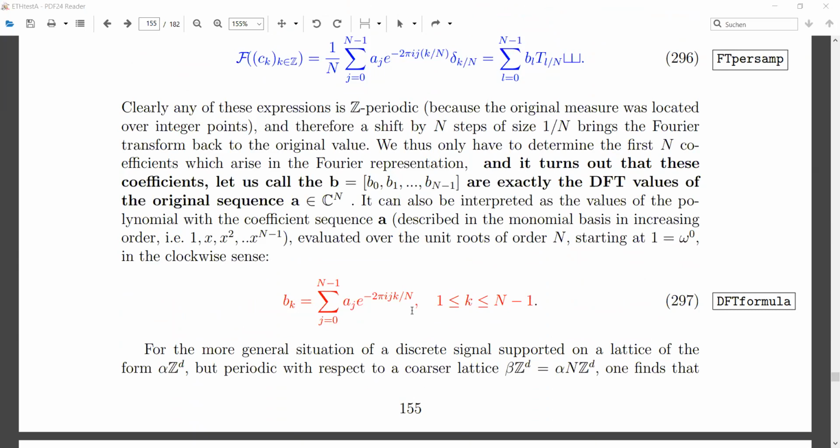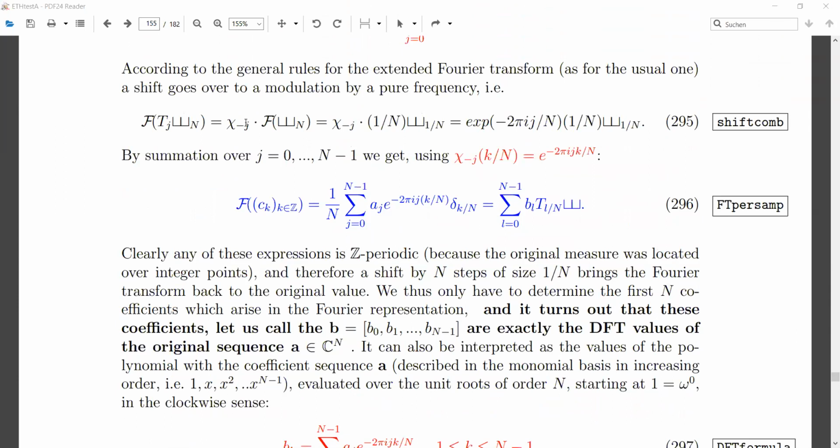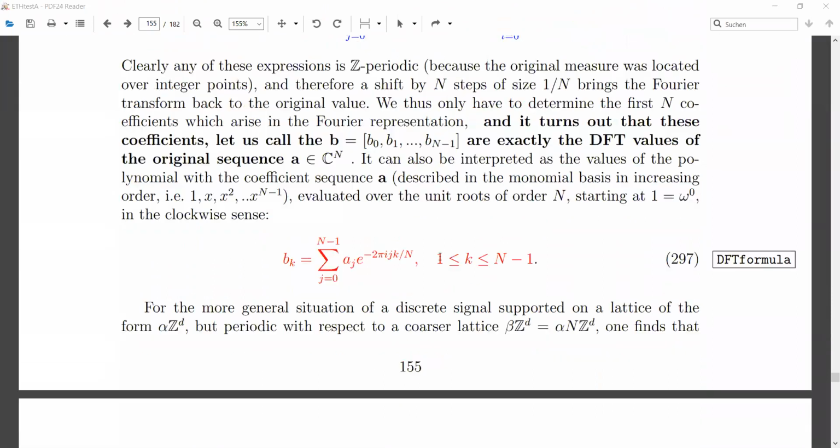Maybe I should add a little bit more text, but essentially we have applied the Fourier transform rules: invariance under shift goes to multiplication, and a dilated Shah distribution or Dirac comb goes to a dilated comb with the opposite compression factor. You get that this is exactly, maybe up to the constant, I think I have ignored this 1 over n, the discrete Fourier transform of the sequence. So the sequence b_l is what you would call the discrete Fourier transform.